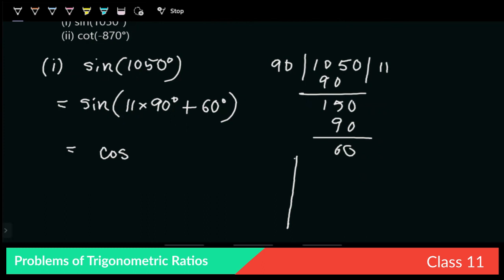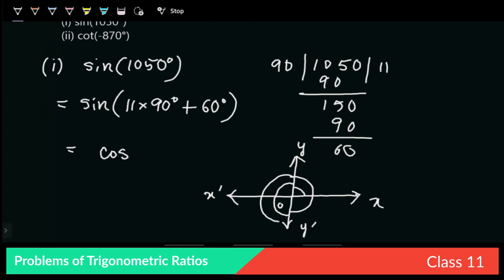Okay, so in this way I am drawing the quadrants and choosing in which quadrant it will fall. It is x x prime, it is y y prime. So you can see 11 pi by 2. Now this is pi by 2, this is 3 pi by 2, this is 5 pi by 2, this is 7 pi by 2.